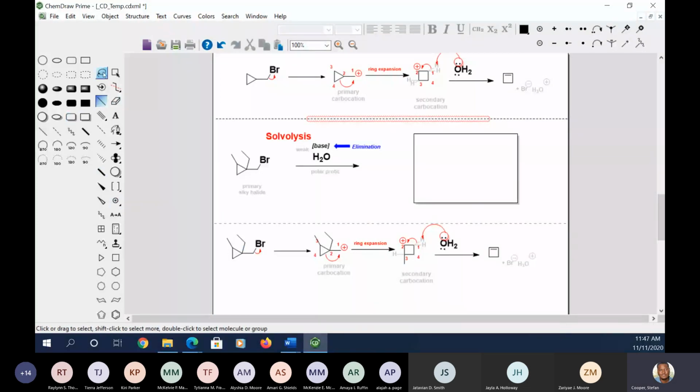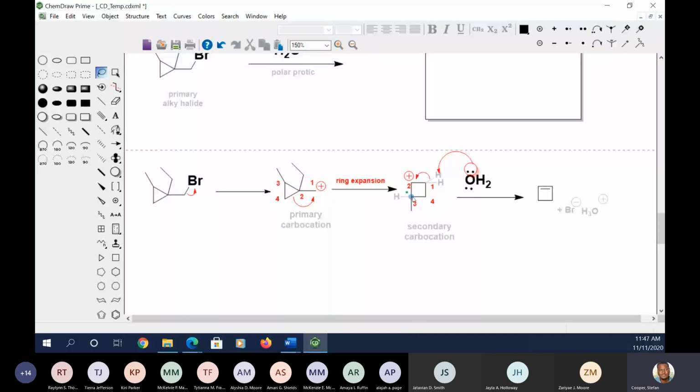So now if I look at this structure as drawn, I get a difference in the number of hydrogens neighboring the carbon cation, right? Carbon 3 has 1 H in the methyl group. Let's go ahead and write Me in here. And carbon 1 is going to have those two original hydrogens, right? There's two hydrogens here with a plus.